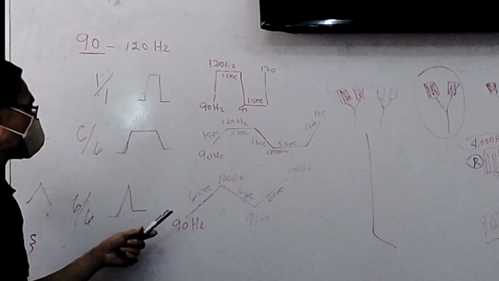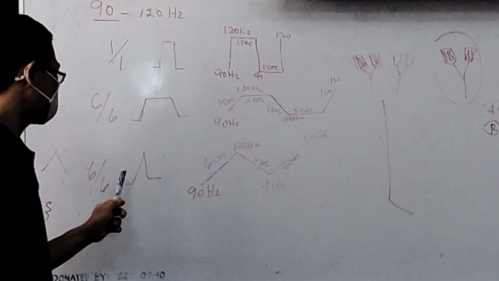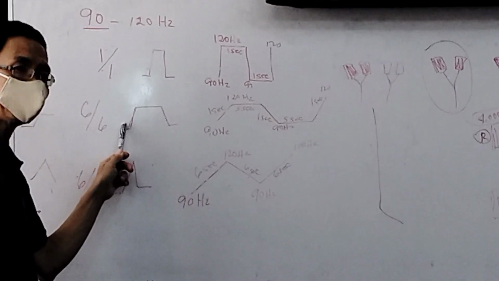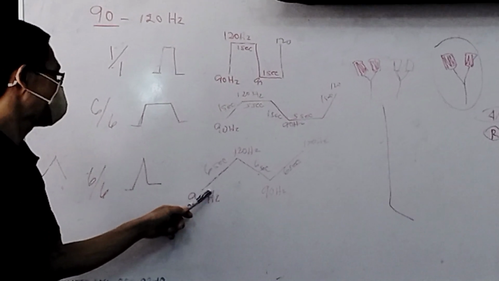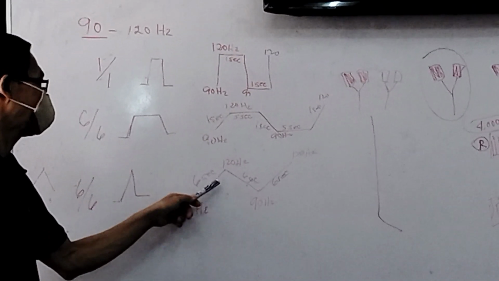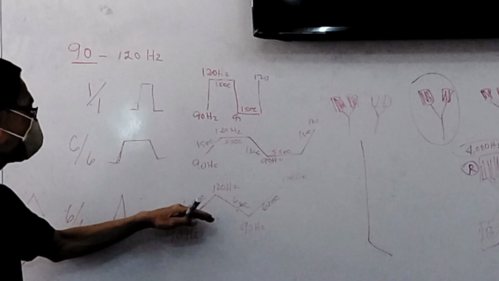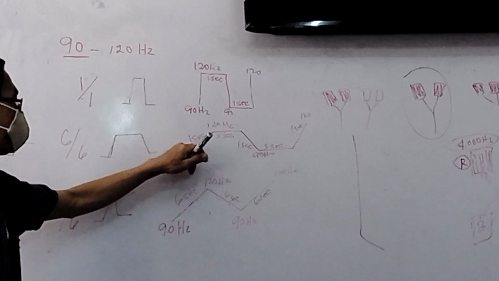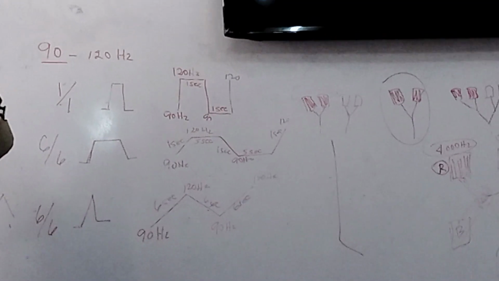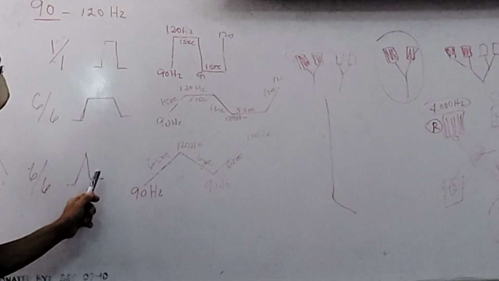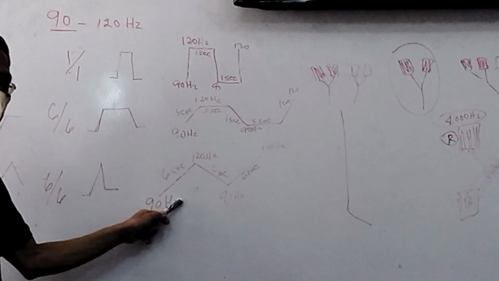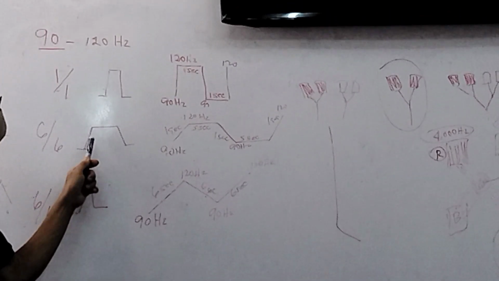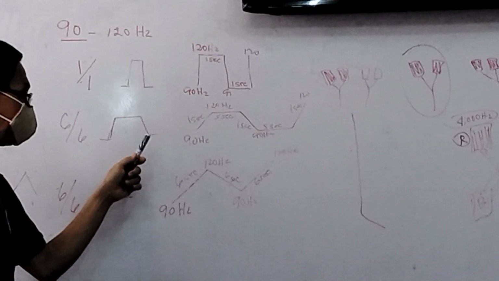Right. So therefore, if we're going to compare the 6/6 triangular with trapezoidal, there is a greater duration here for the change, as compared to 1 second. So therefore, comparing these two, this is less aggressive as compared to your 6/6 trapezoidal.